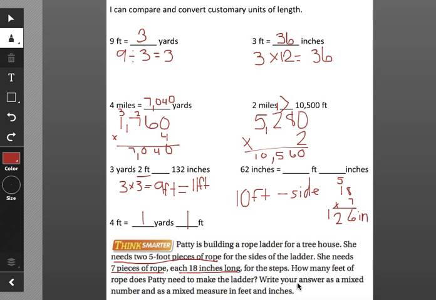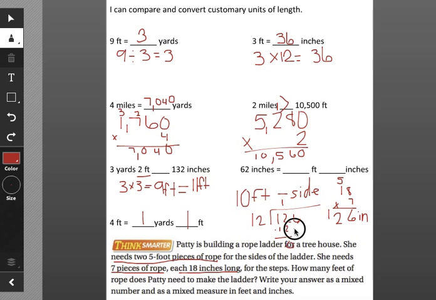But it asks me how many feet she needs. So I need to turn my inches into feet. And I know that there's 12 inches in 1 foot. So I need to take 126 and divide it by 12. So 12 goes into 12 one time, and that's going to be a 0.